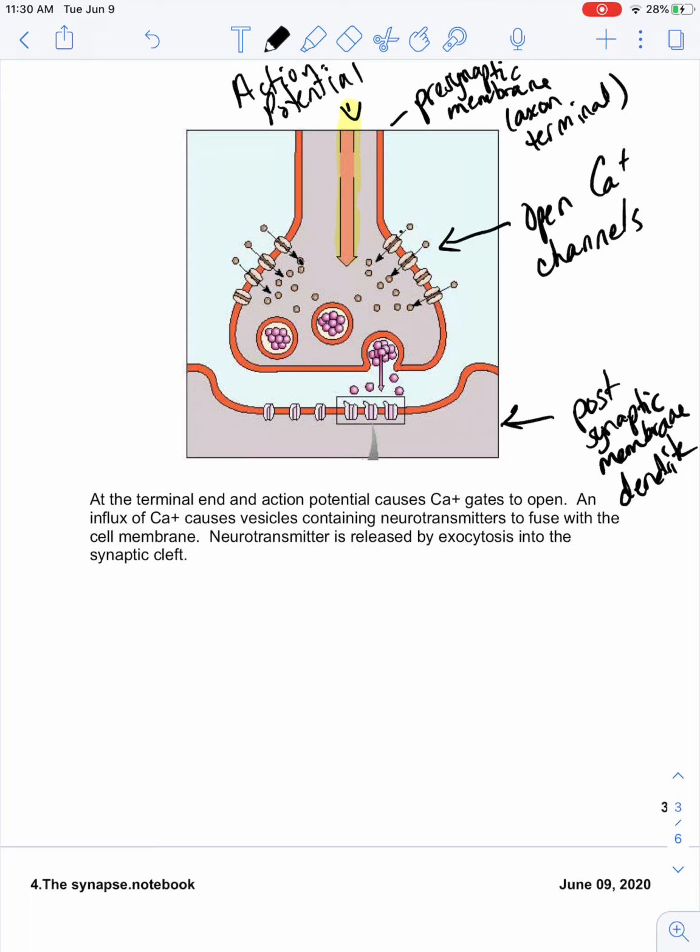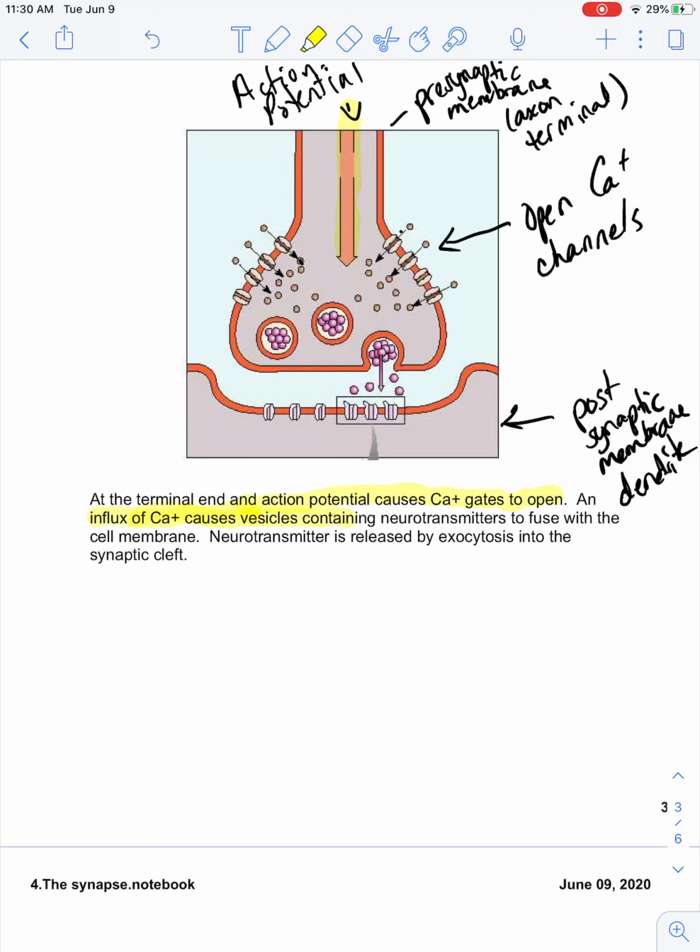Remember, these channels can be regulated. They can be opened and closed, and they can be regulated by all kinds of different things. In this case, it's being regulated by an electrical current or voltage moving through. So when the calcium channels, which we haven't talked about yet, but here they are, when these gates open due to an action potential, it will cause an influx of calcium.